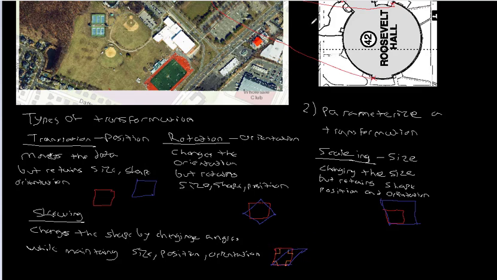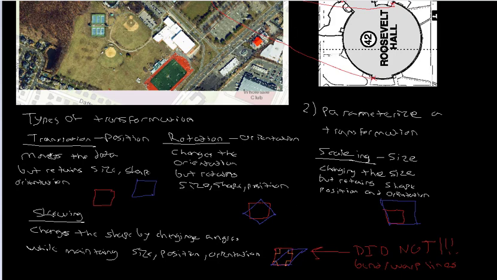And you'll notice here that what we did not do, and I'm going to put this in big red because this is a key definition of skewing, is bend or warp lines. We simply changed the angles.